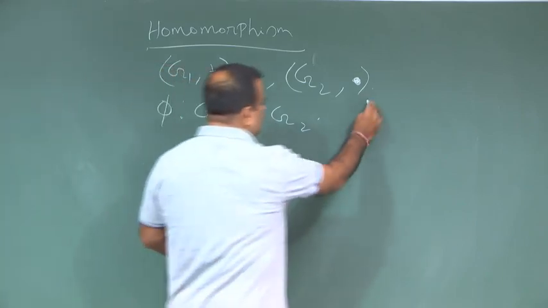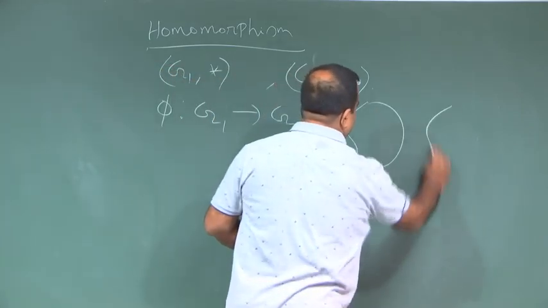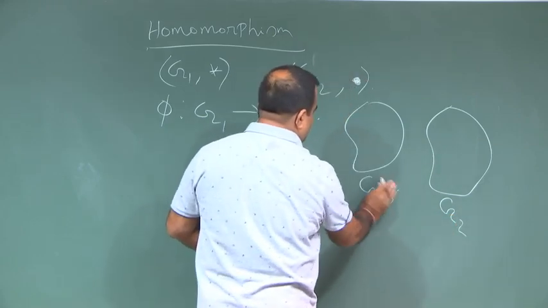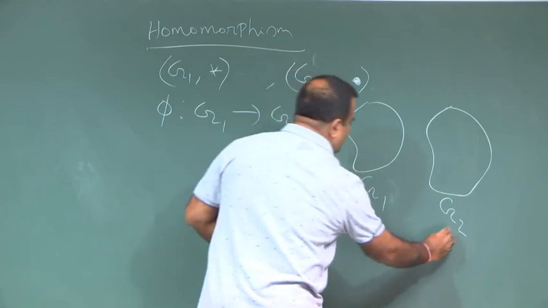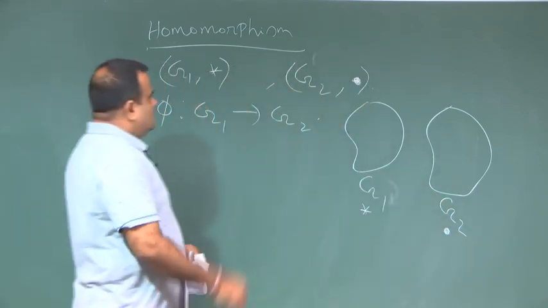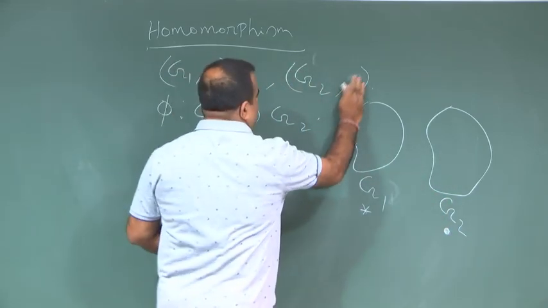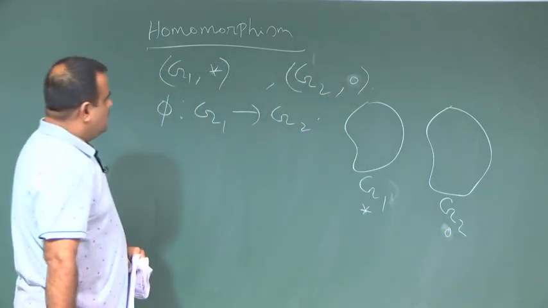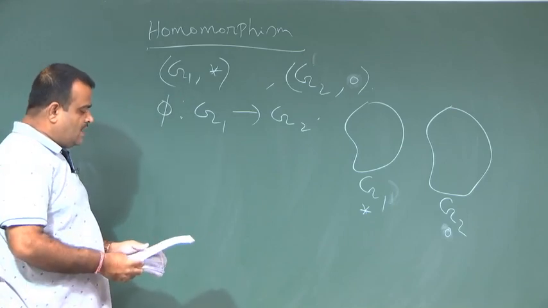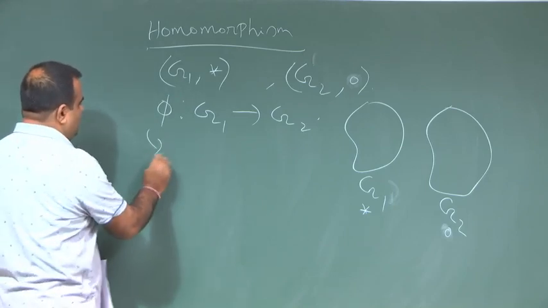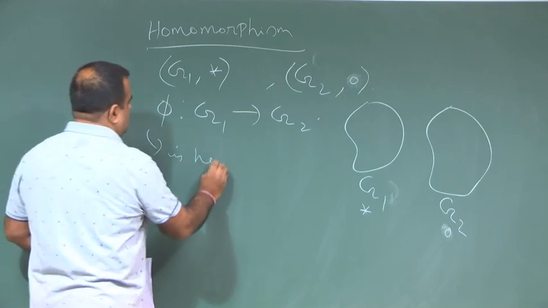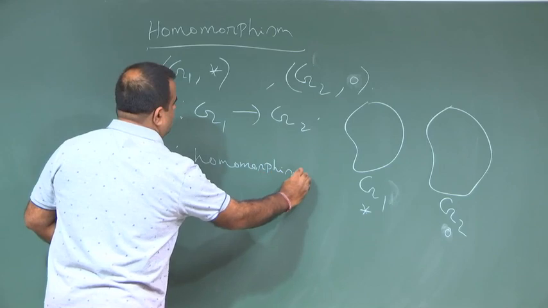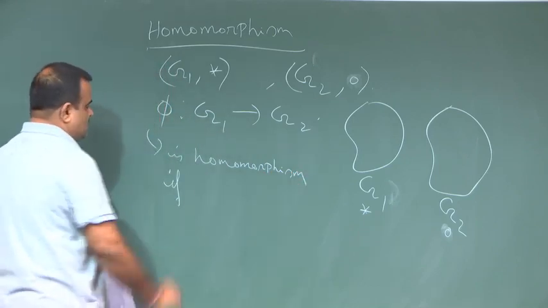So, we have the set G1 and the set G2. In the G1 set we have the operator star, and here we have a different operator, dot. Now, we say this function, this mapping, is called a homomorphism if and only if this condition is satisfied.